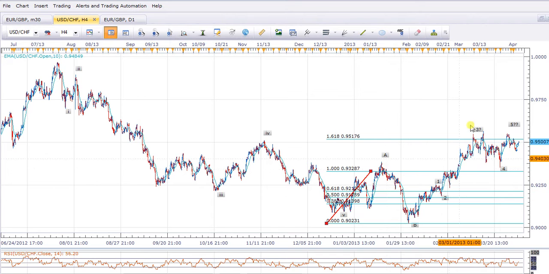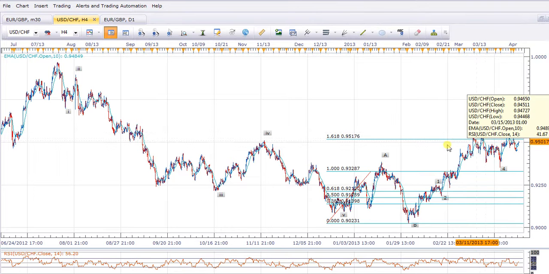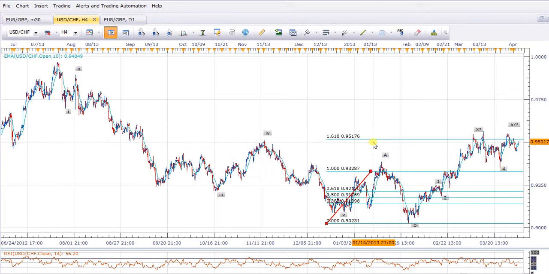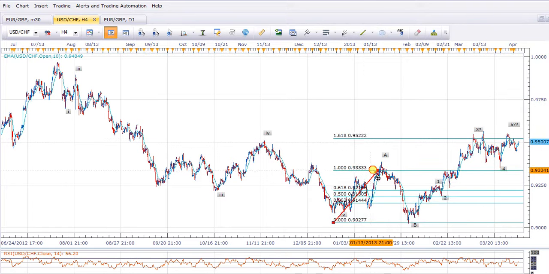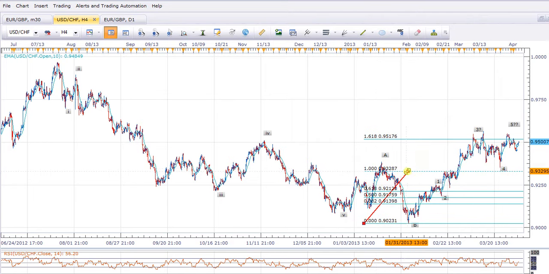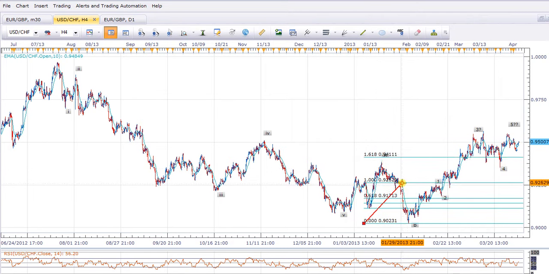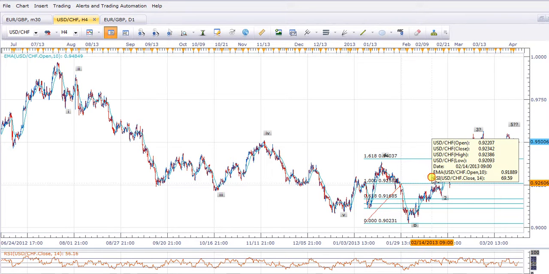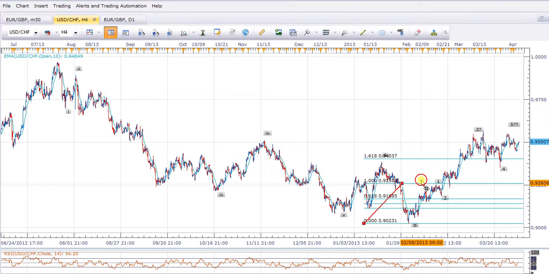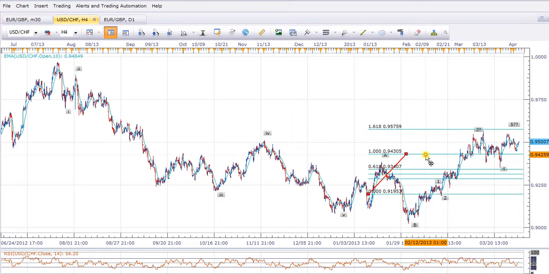As we see that 1, 2, 3, reason I have a question mark is this could be the 3, then a 4, and then a 5. Reason being is that when we look at wave 1, we're seeing that wave 3 is the extended wave.